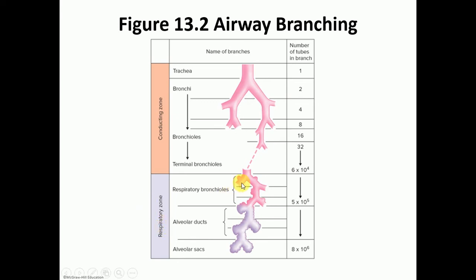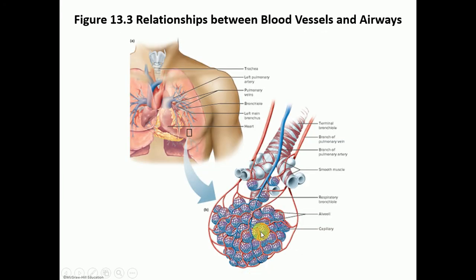Now, starting at the level of the respiratory bronchioles, and then alveolar ducts and alveolar sacs, these walls are thin enough and they are surrounded by a large amount of capillaries, and that's where the gas exchange can happen. So we'll take a look over here where you can see these capillaries surrounding the respiratory zone.